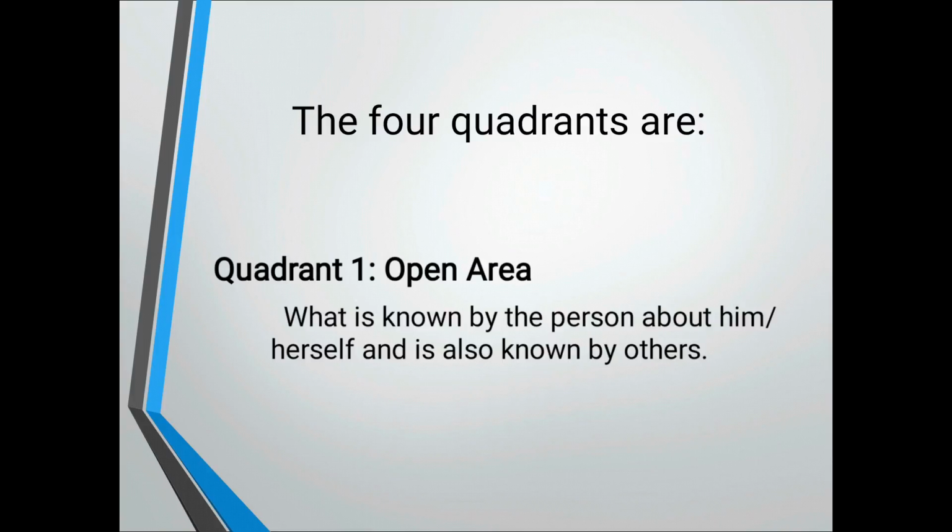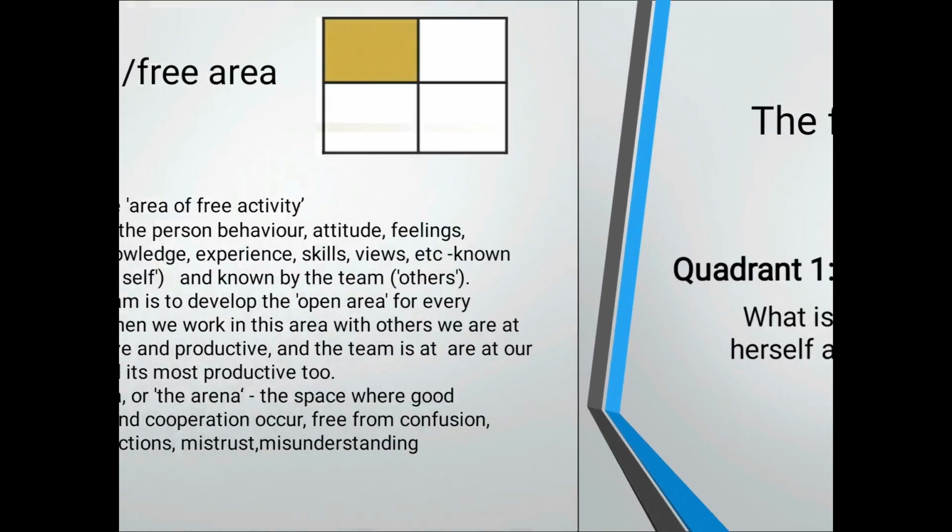So quadrant 1, the open area: what is known by the person about himself and is also known by others. This is a very simple area, which is primarily described during an interview, and also whenever a person is working: the idea about the person, how he works, what different qualities he has, how he interacts.